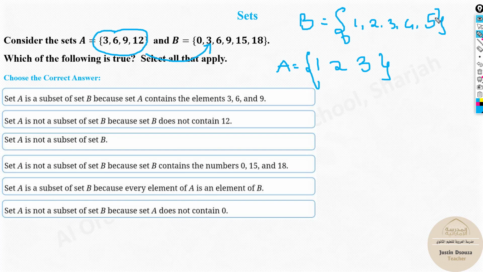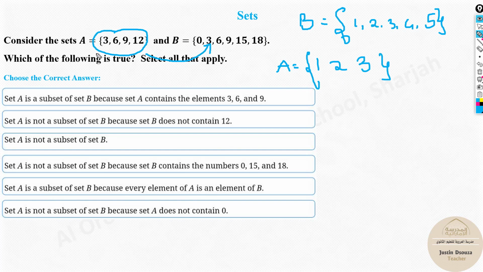Set B has 2 extra numbers, that's fine. But A is all included in this. So we can tell set A is a subset of set B because B also has whatever A is having. Therefore it's a subset, a small part of a set.